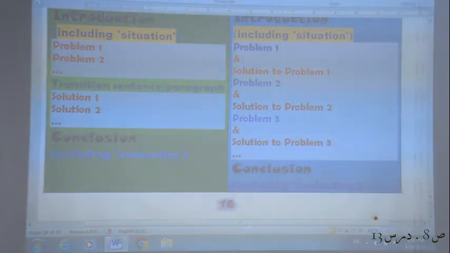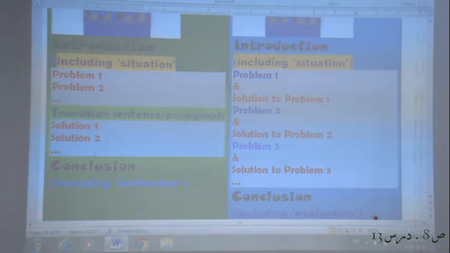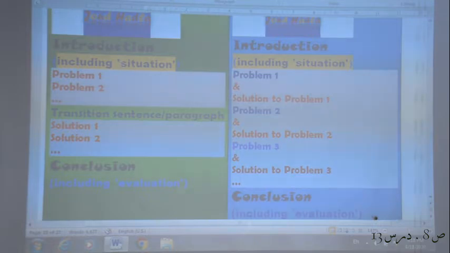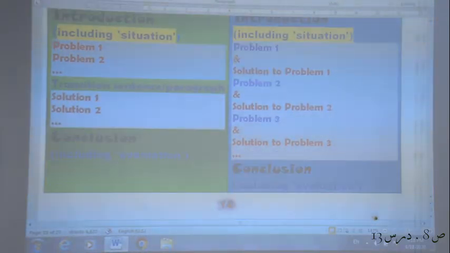So in the first paragraph, we can include the situation, and that means to talk about the problem, to consider the problem. In longer essays, we can use a separate paragraph for this reason. The same applies when we talk about evaluation.